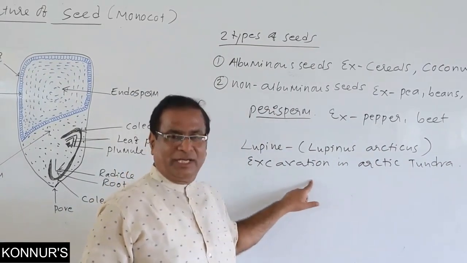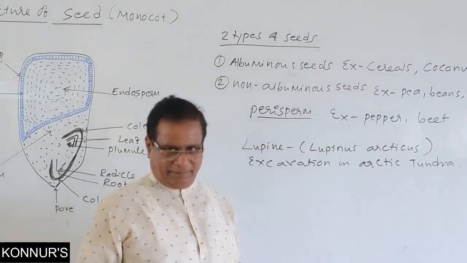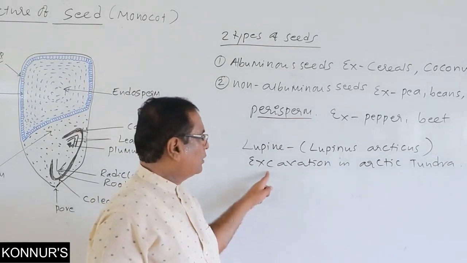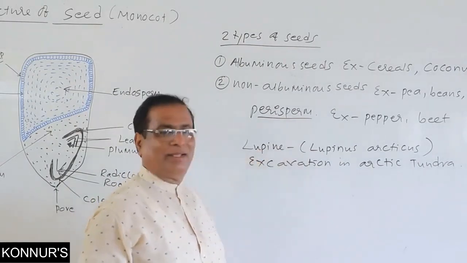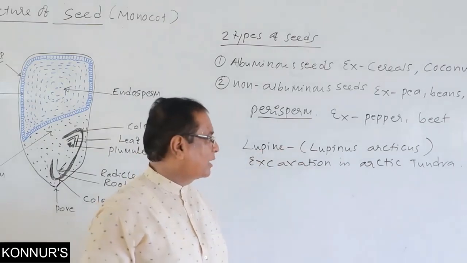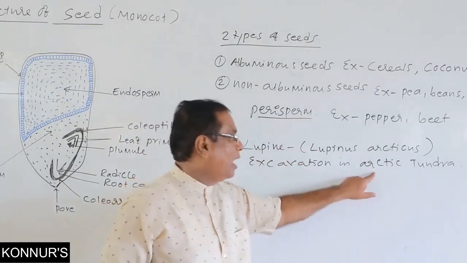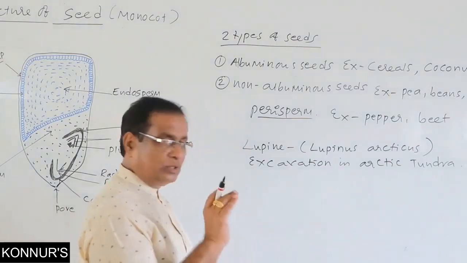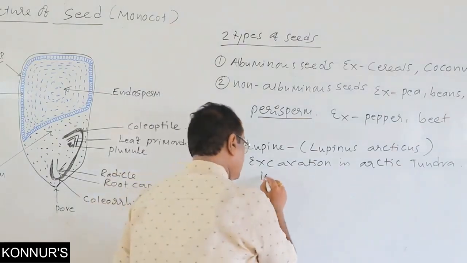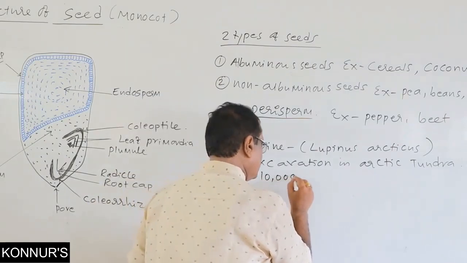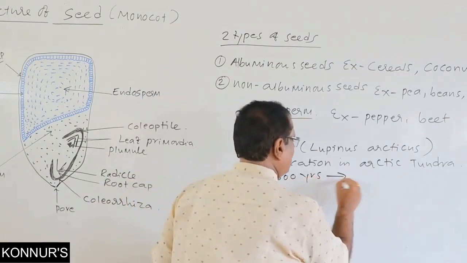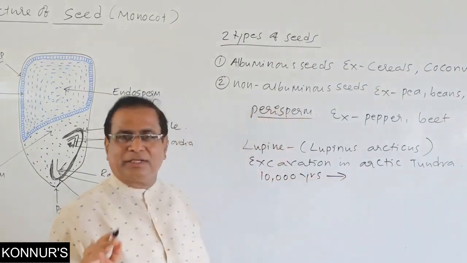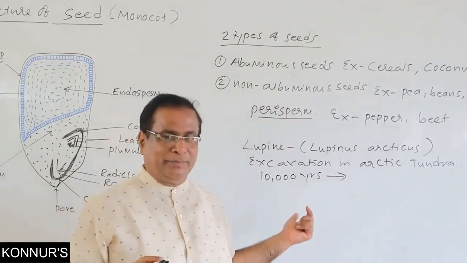During excavation, the seeds of Lupinus arcticus were obtained in the Arctic tundra. Those seeds, after 10,000 years of dormancy, started germinating.